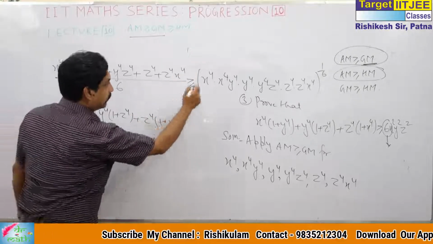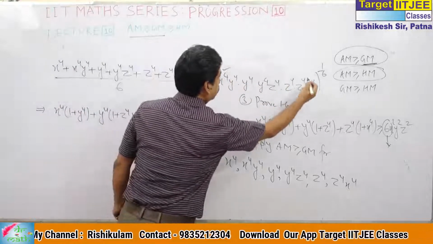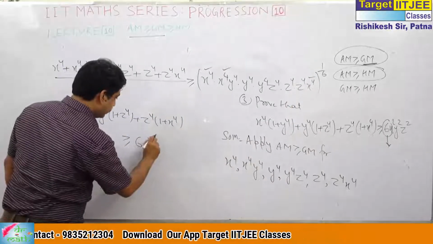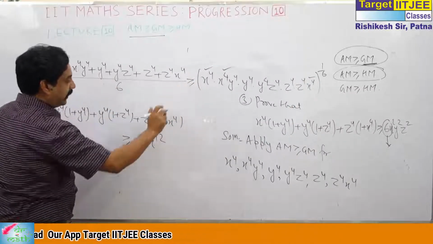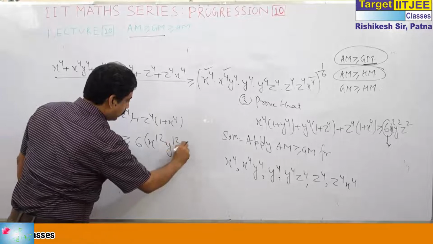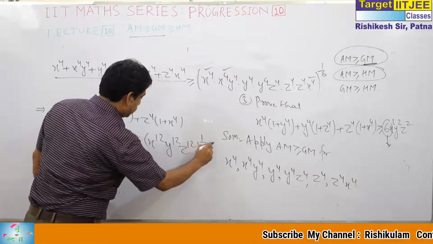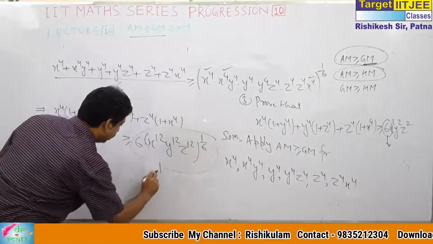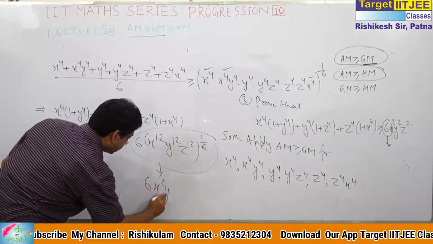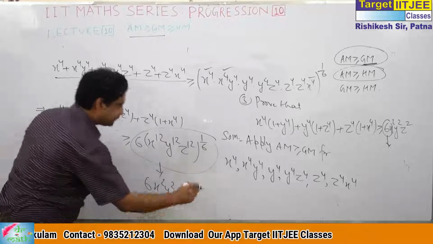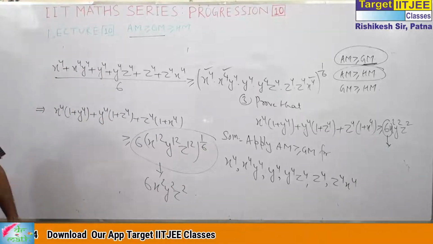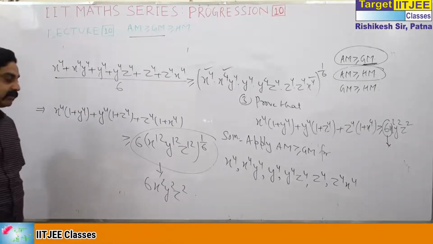This is x to the power 4, 4 and 4, 12. Likewise you can see y to the power 12, z to the power 12, to the power 1 by 6. And this will give what? You can write x square y square z square. You can see x square y square z square.